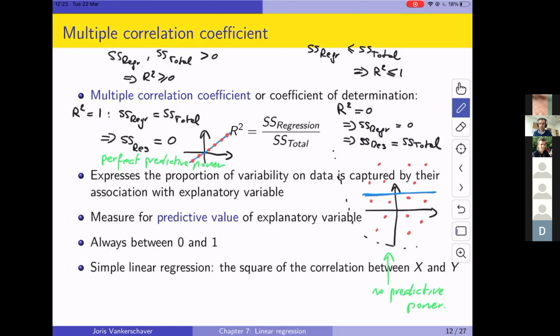In the second case, even if I know the predictor, I am 0% confident that I can predict the outcome. And of course, in real life, it's not going to be either extreme. It's going to be something in the middle where you have some intrinsic variability and some variability that is captured by the model.